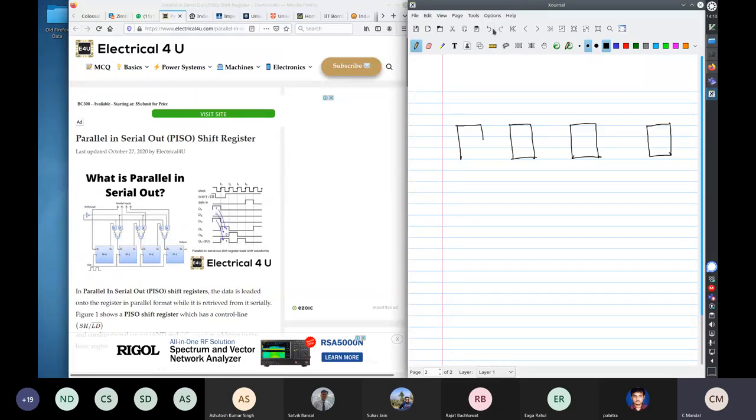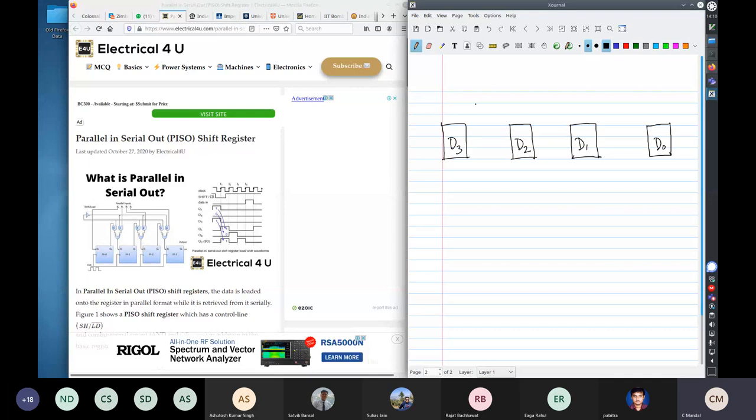Let's draw that. So this is D0, this is D1, D2. Now you also want a parallel load facility.